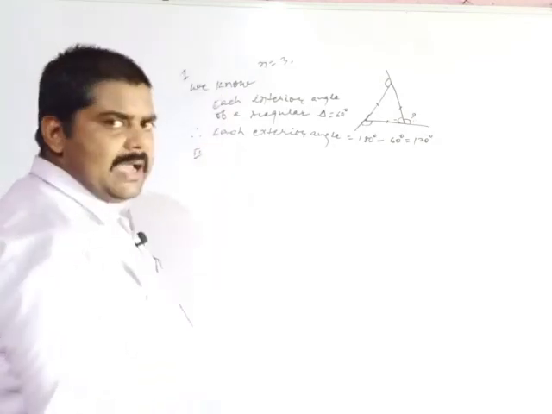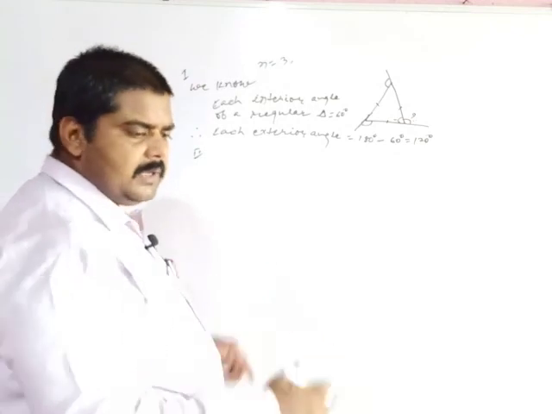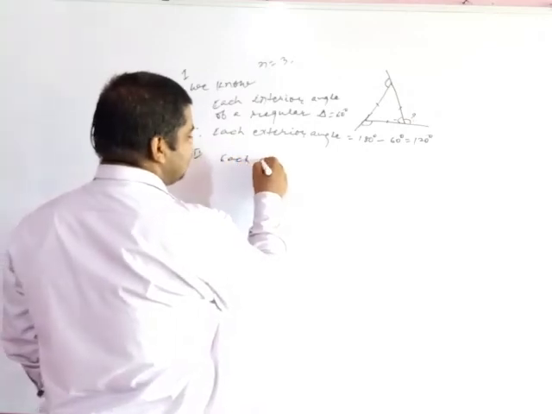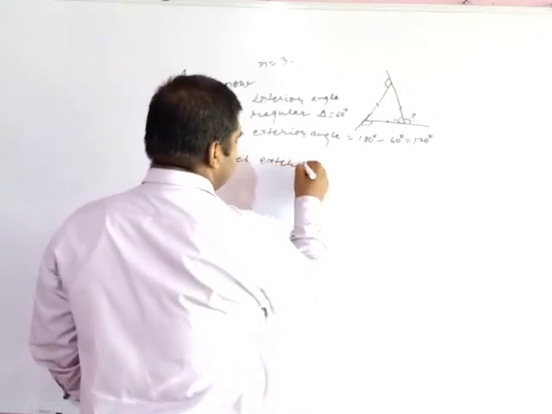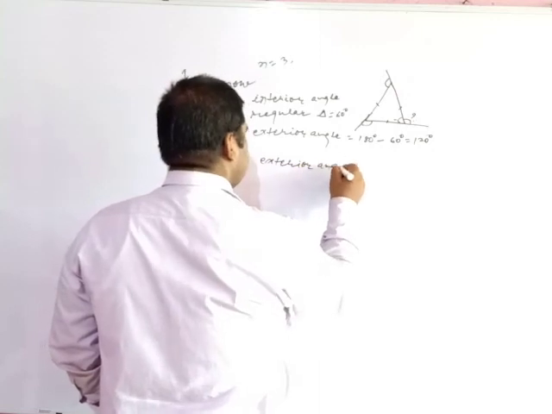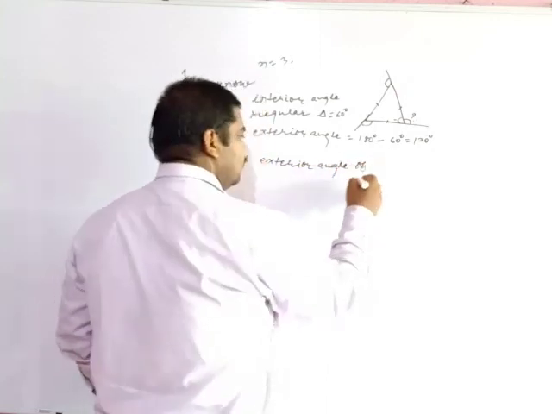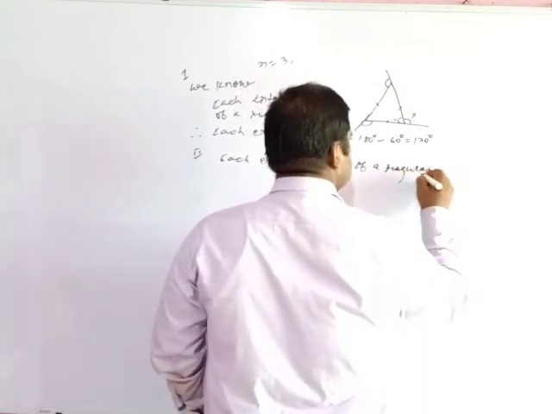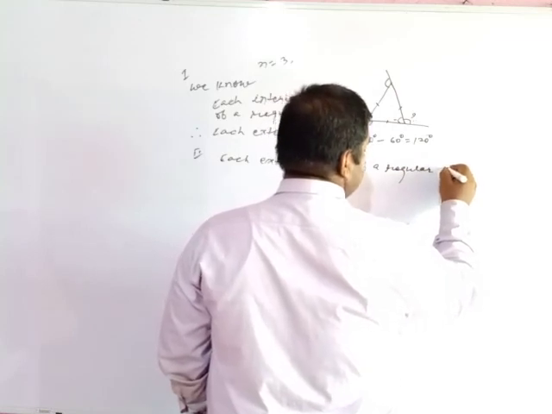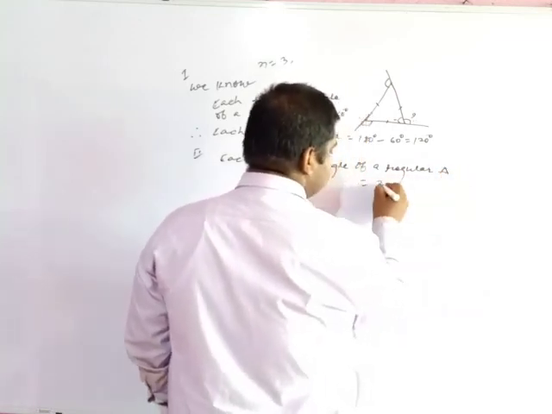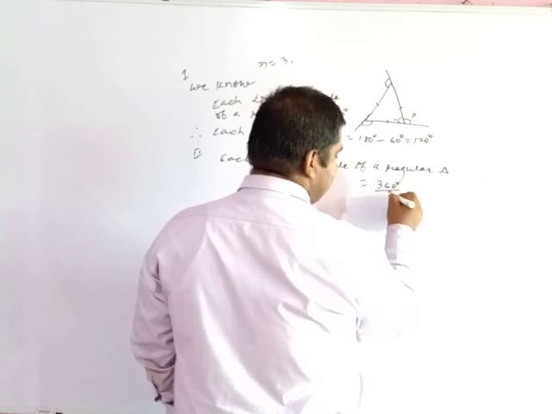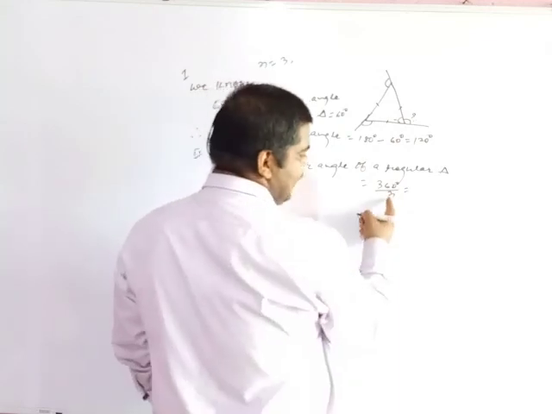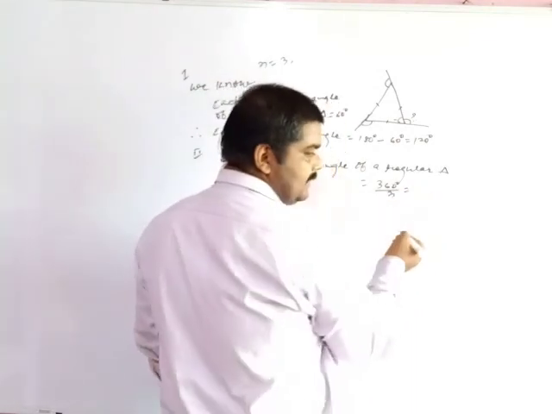The second way to solve is with the formula that each exterior angle of a regular polygon is equal to 360 degree by n. Here, since it is a triangle, n is equal to 3.